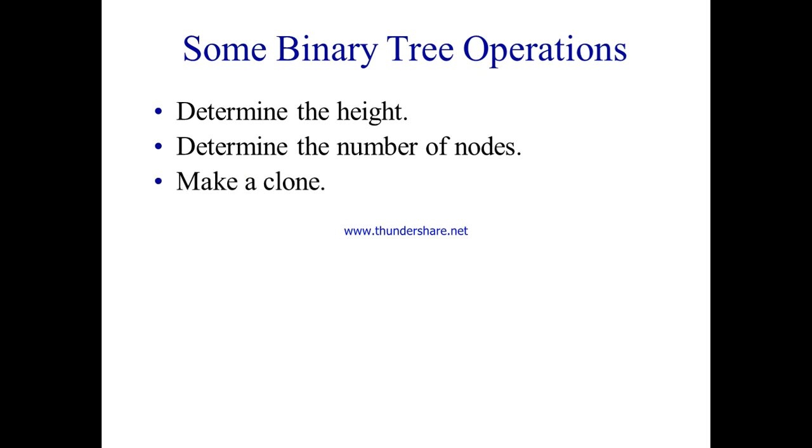Then how many nodes can the tree have? The maximum number of nodes is 2 power h minus 1, and the minimum number of nodes is h itself.